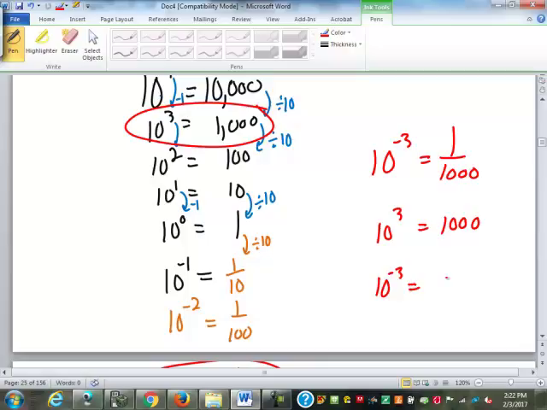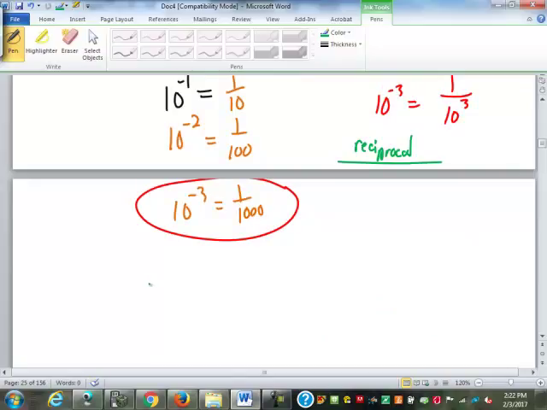So that means 10 to the negative 3 is 1 over 10 to the third, or what we call the reciprocal when we were dealing with fractions. A negative power is just a reciprocal. So 10 to the power of negative 5 is just the reciprocal of 10 to the 5th.